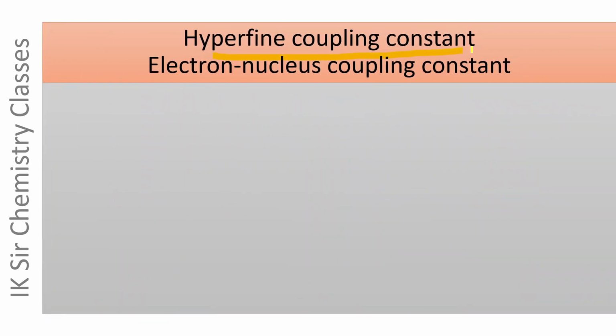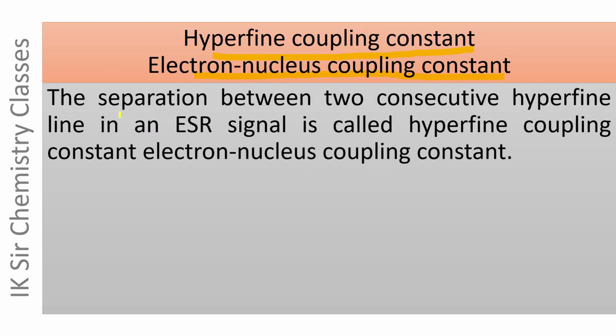Hyperfine coupling constant. It is also known as electron-nucleus coupling constant. The separation between two consecutive hyperfine lines in an ESR signal is called hyperfine coupling constant or electron-nucleus coupling constant.